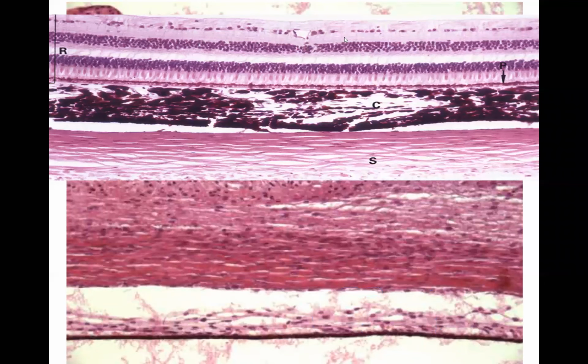Another figure can show you the choroid. This is pigmented epithelium, rods and cones, and then bipolar cells and retinal ganglion cells. So this is retina, choroid, and sclera. You can see that the choroid is composed of melanocytes, so it's quite dark. So it serves as a dark chamber.